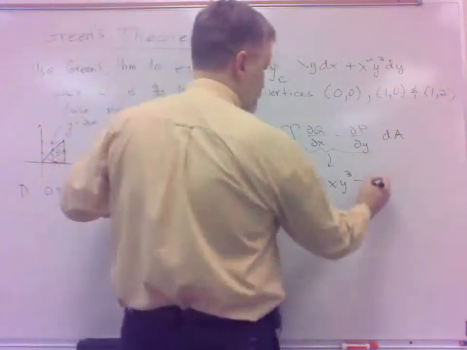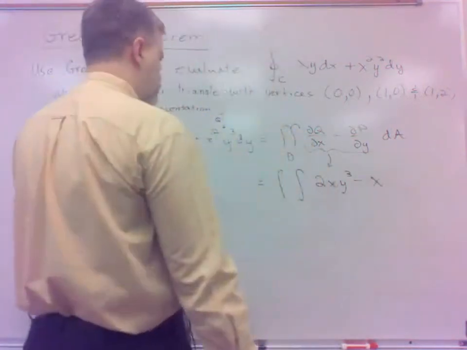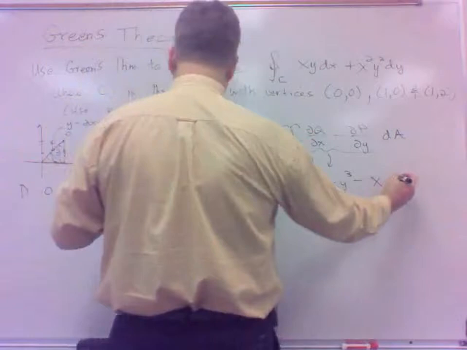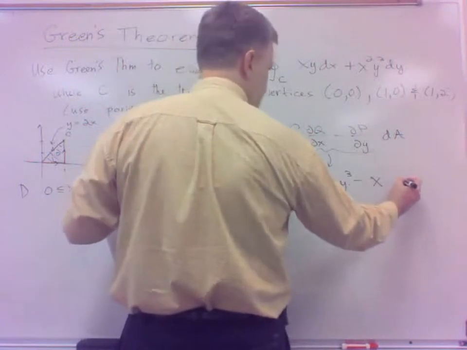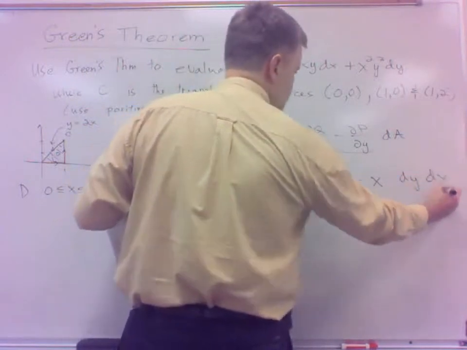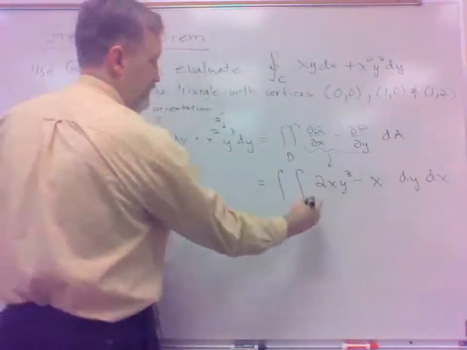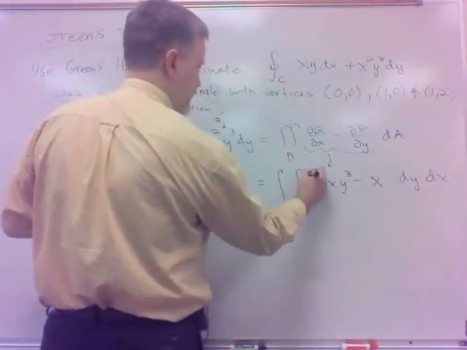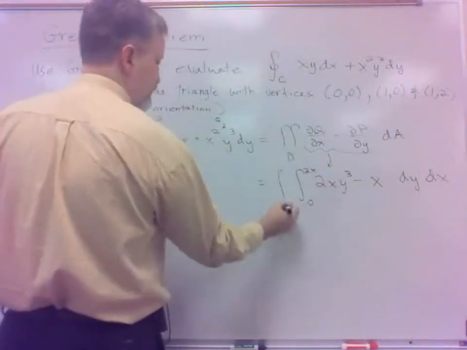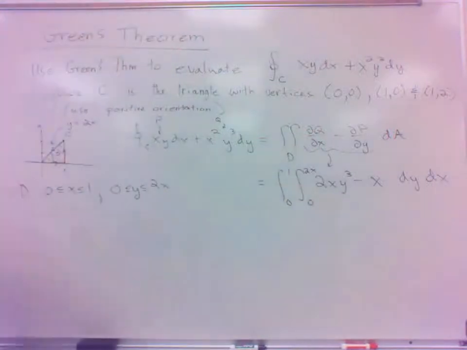That would just be x, wouldn't it? And then, like we said, we're describing it in terms of the y first, so dy dx. So we need the limits over here. The first one, the limits of the y, so that would be 0 to 2x. And then the x's go from 0 to 1. So a little bit of adjusting there to get it set up, but the payoff's pretty good because that's going to be a nice double integral. Not too difficult, right?